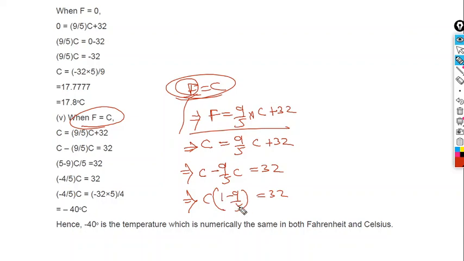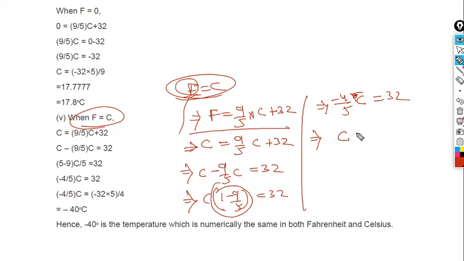Now calculate 1 minus 9 by 5, it will be minus 4 by 5. Minus 4 by 5 C will be equal to 32, implies C equal to 32 into minus 5 by 4.